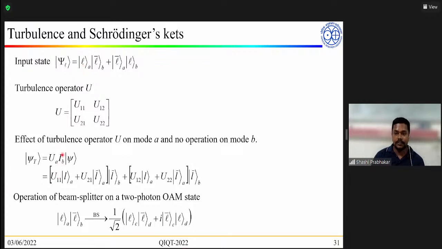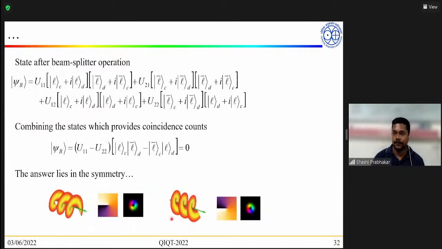So in this case, this is the beam splitter operation, where this mode is translated to this. When we expand everything and measure the coincidences, we see that it comes down to zero, because you are not going to measure any coincidences.